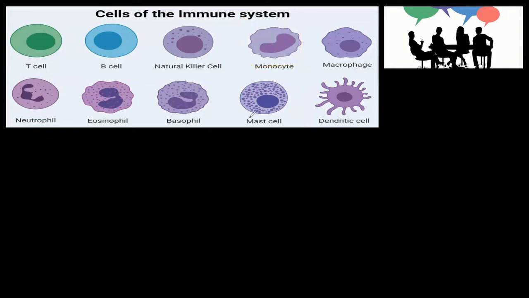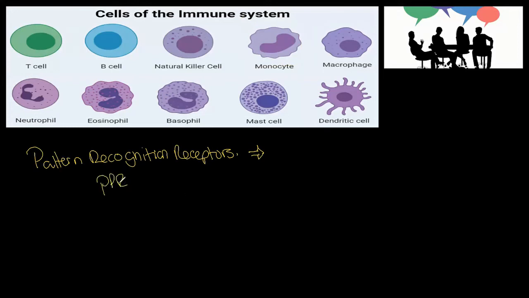Phagocytic cells use what we call pattern recognition receptors. These recognize pathogen-associated molecular patterns. That's a big word, right?